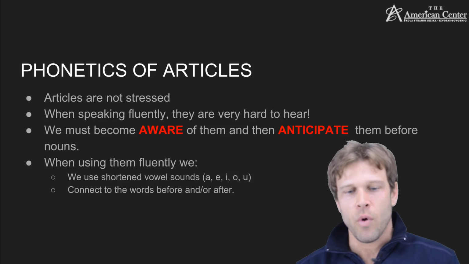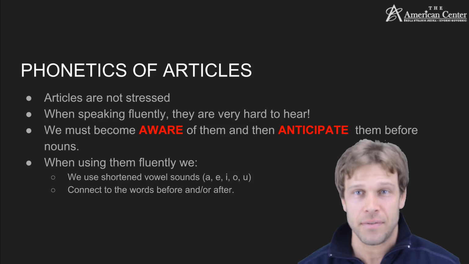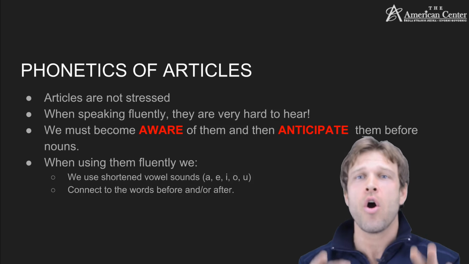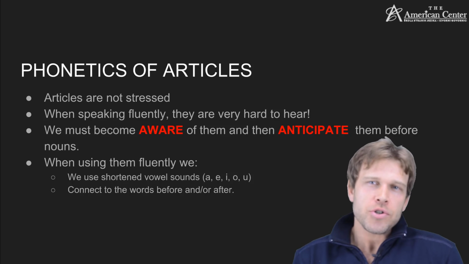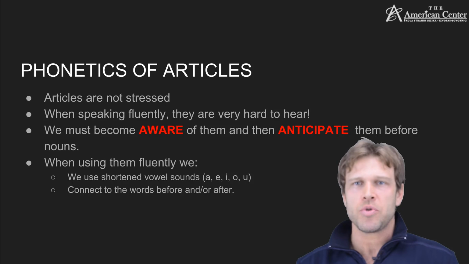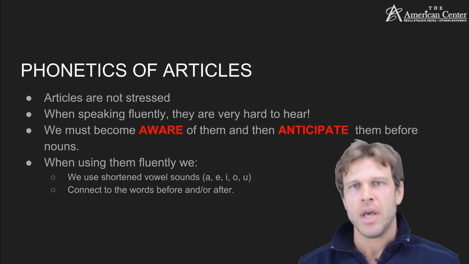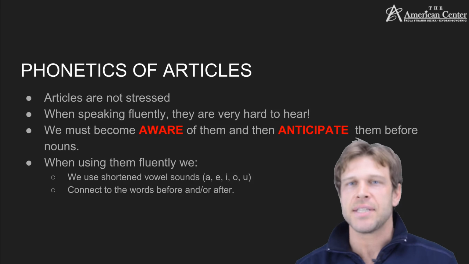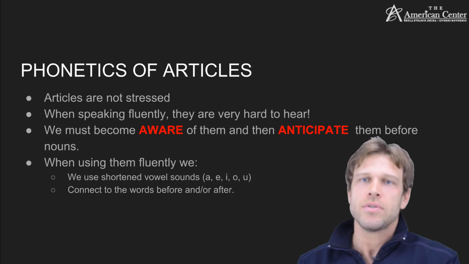Like we said before, articles are adjectives, okay? In English and any other language, we have a pattern of stressed syllables and words that we emphasize in a sentence, words that we stress, and then words that we don't stress.